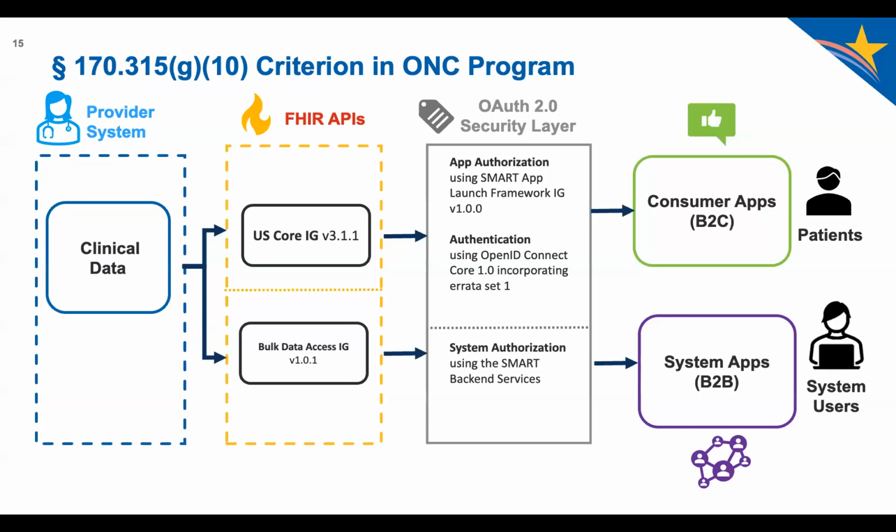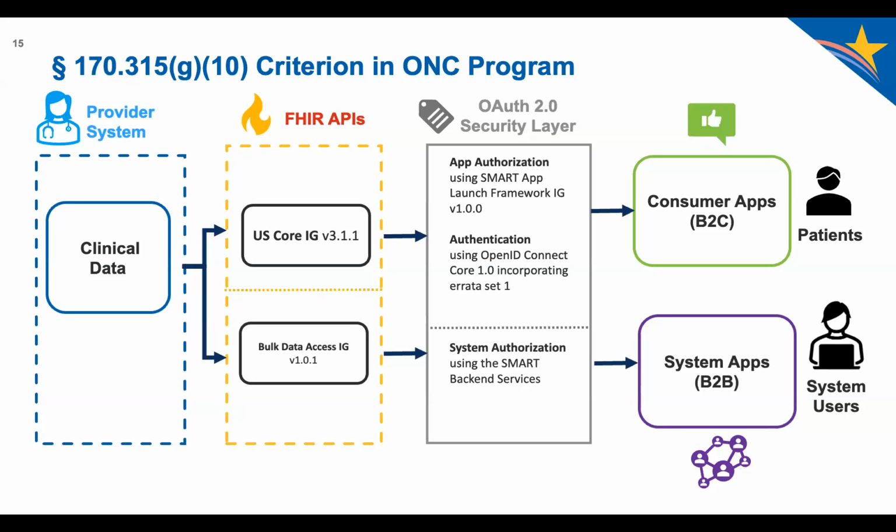And so this diagram here just illustrates how the G10 criterion that was mentioned earlier is structured. Provider systems containing clinical data are made accessible via FHIR APIs, one for individual patient data and another for bulk data access. Specific FHIR implementation guides define the requirements for those APIs. And additionally, those APIs also have a security layer for app authorization.